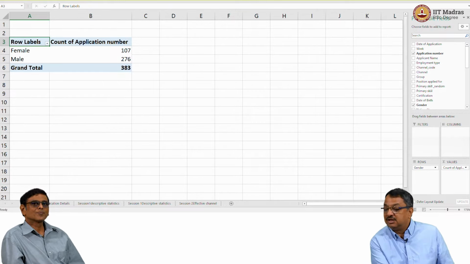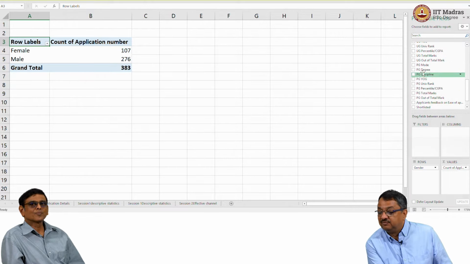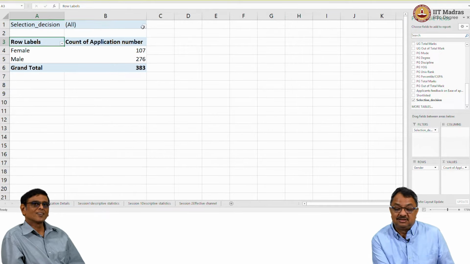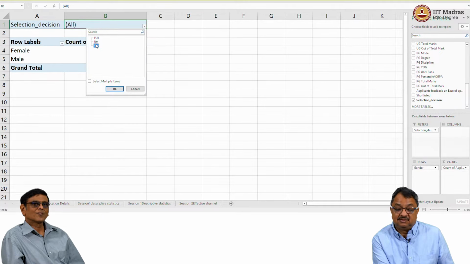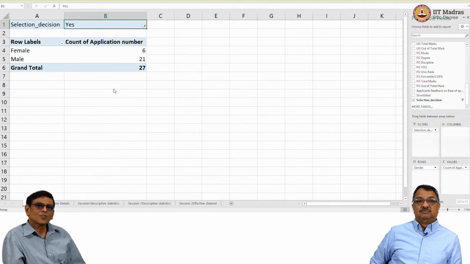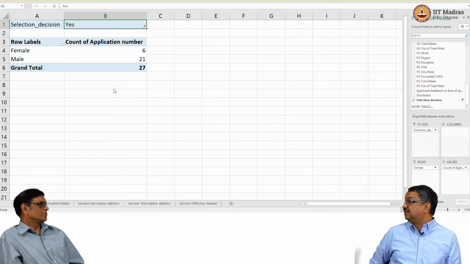Now I could, as an example, have moved selected to filters and said selected yes. And this would tell me that 6 women were selected out of 106, right?